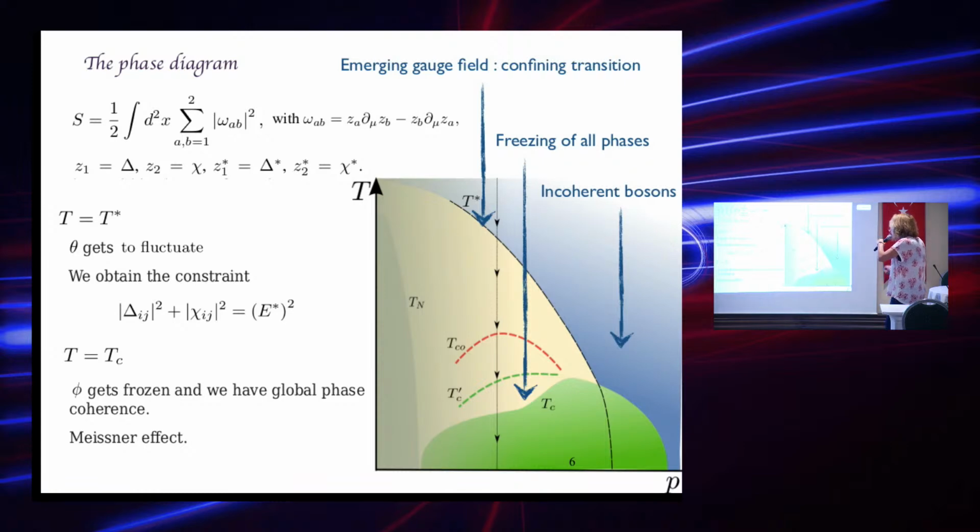And we have some predictions already of what's going on here. You have incoherent bosons, plenty of them in this region. Some emerging gauge field at T star. And at Tc, importantly, all the phases are frozen. This is very non-trivial, because the phase of the charge order parameter is frozen with the phase of the superconducting order parameter.